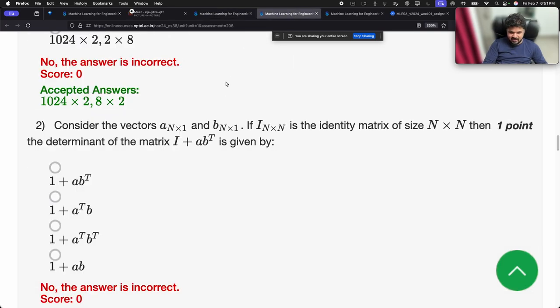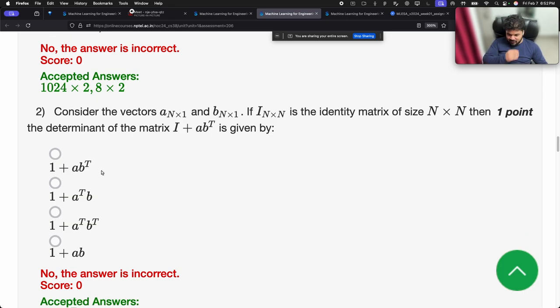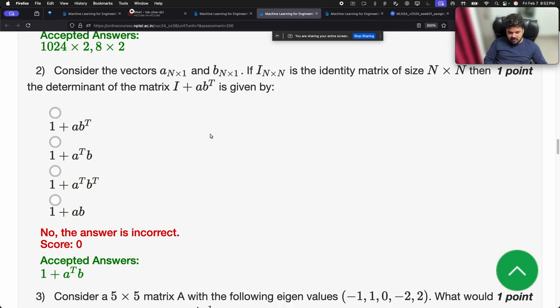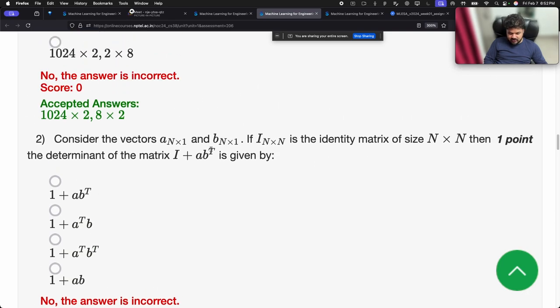So either the answer will be B transpose A or A transpose B. It will not be AB transpose or BA transpose, out of that. Okay. This transpose sign gets shifted here.